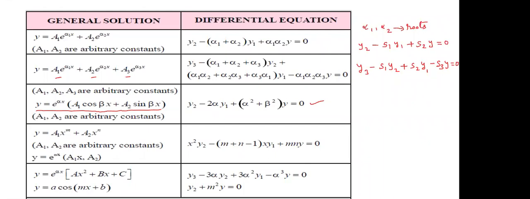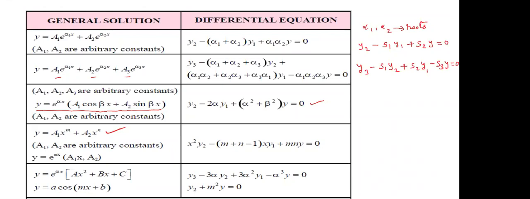And fourth one, y is equal to a1 into x power m plus a2 into x power n. This is the given equation, and here a1, a2 are arbitrary constants. Now, how to write the differential equation?